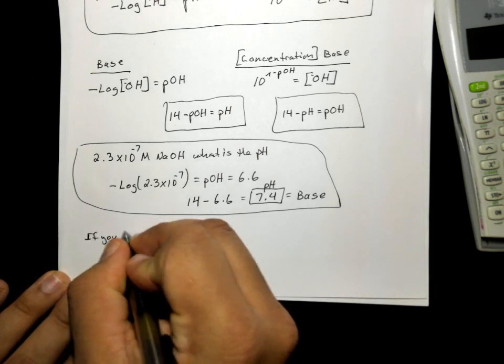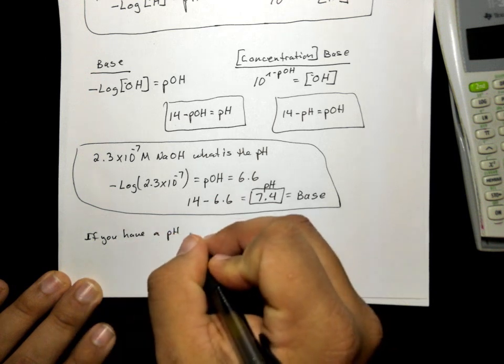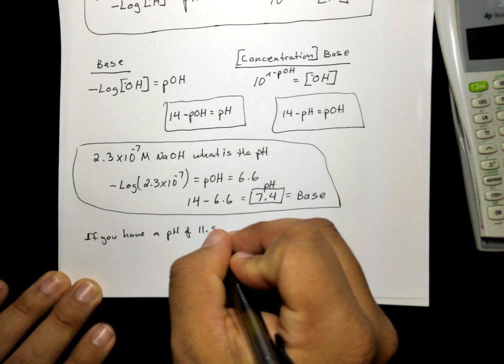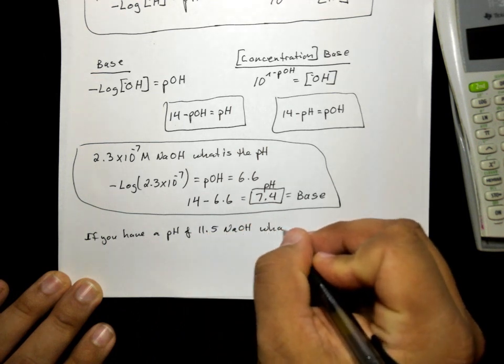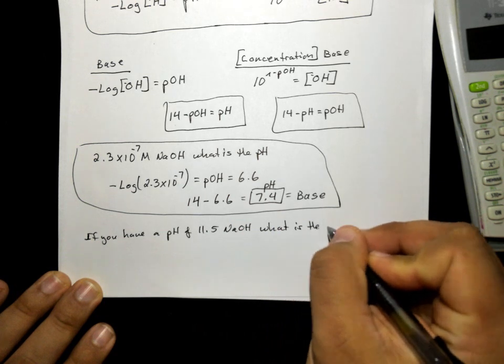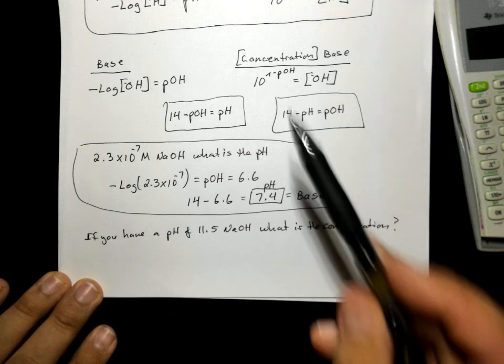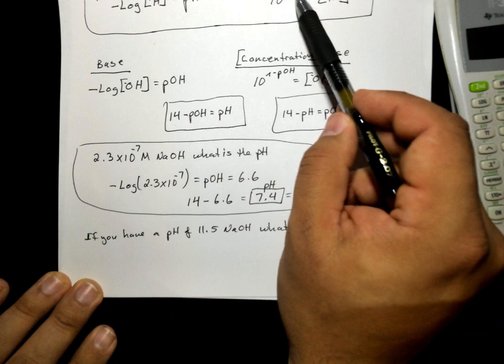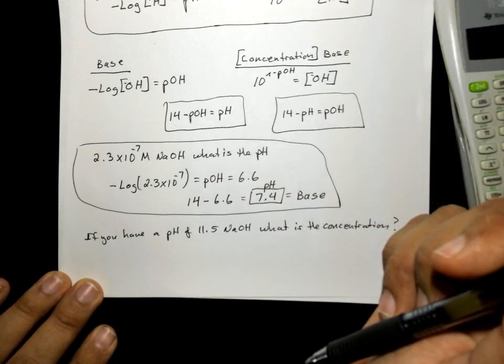If you have a pH of 11.5 NaOH, what is the concentration? So now they gave me the pH and they want to know the concentration of the base. If this was an acid, guys, all I would have to do is 10 to the negative pH, boom, I got the concentration. One calculation, I'm done.